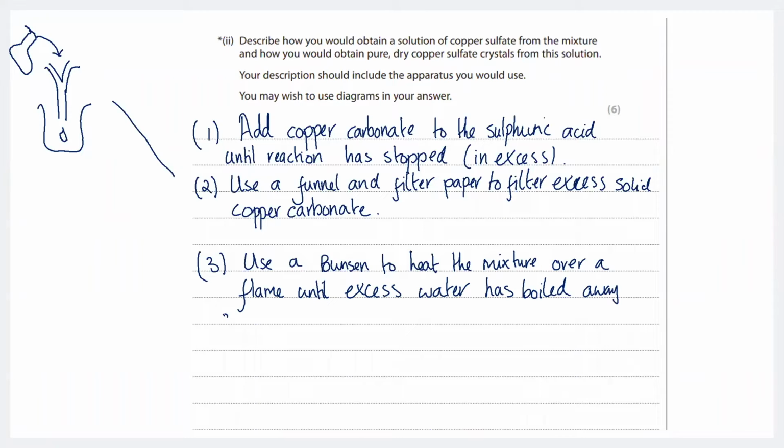Okay, so number 4. Some water might still be there. Place the mixture, so it might still be a little wet, or it might look like a powder by now, into an evaporating basin.